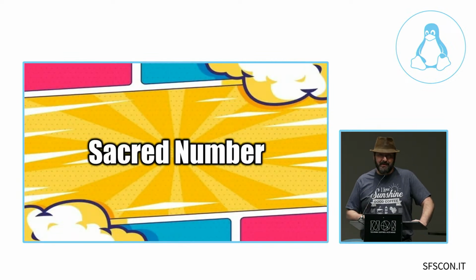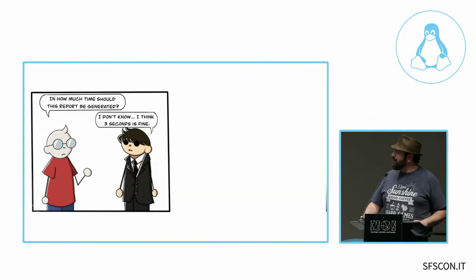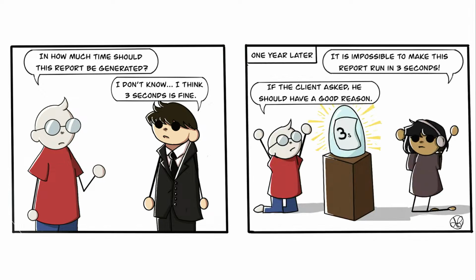The sacred number, right? So imagine talking to the clients: in how much time should this report be generated? Right there in the beginning of the project, he didn't know, so he said, I think 3 seconds is fine. Then you cut to some months later, and now these 3 seconds is something sacred, like, oh, it's impossible to generate this in 3 seconds, and the client asked, he should have a reason, right?